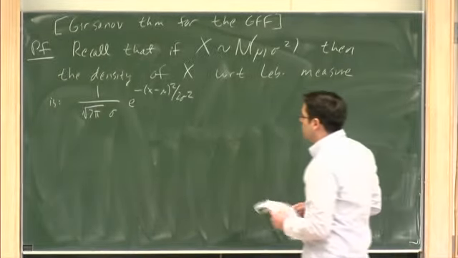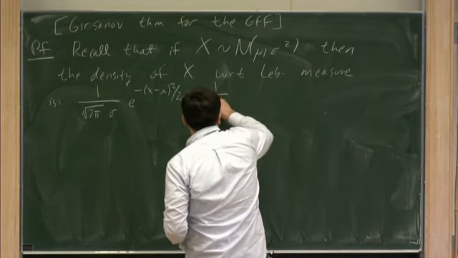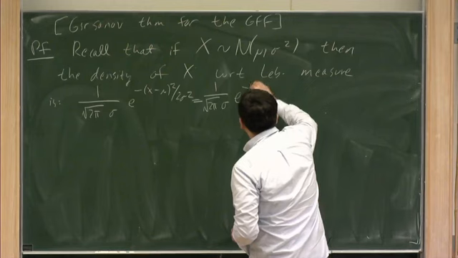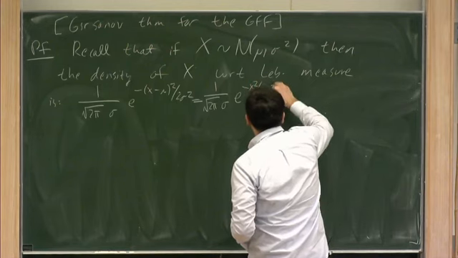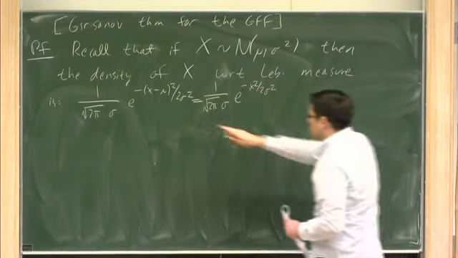And this you can rewrite. You just factorize this. This is the same thing as 1 over the square root of 2 pi sigma times e to the minus x squared over 2 sigma squared. That's the first term if I just compute the square here.